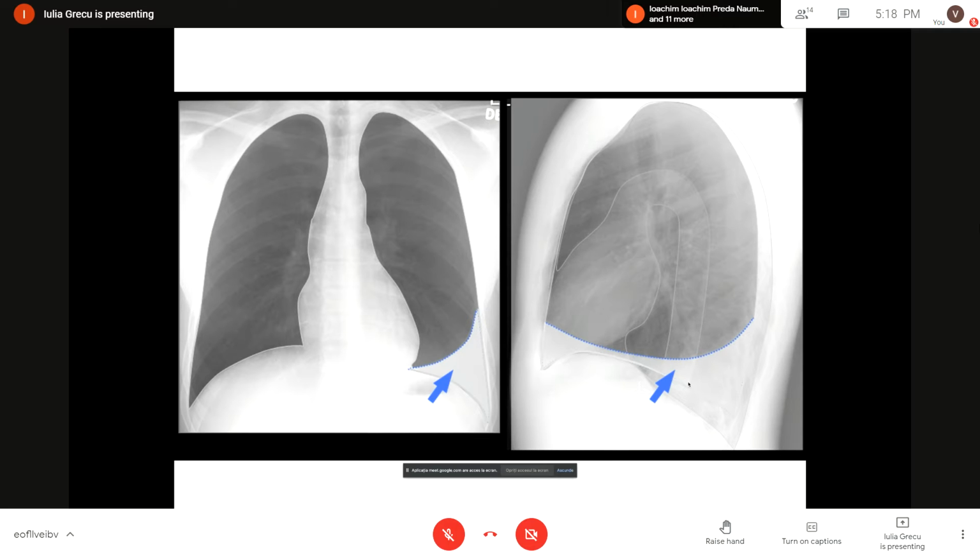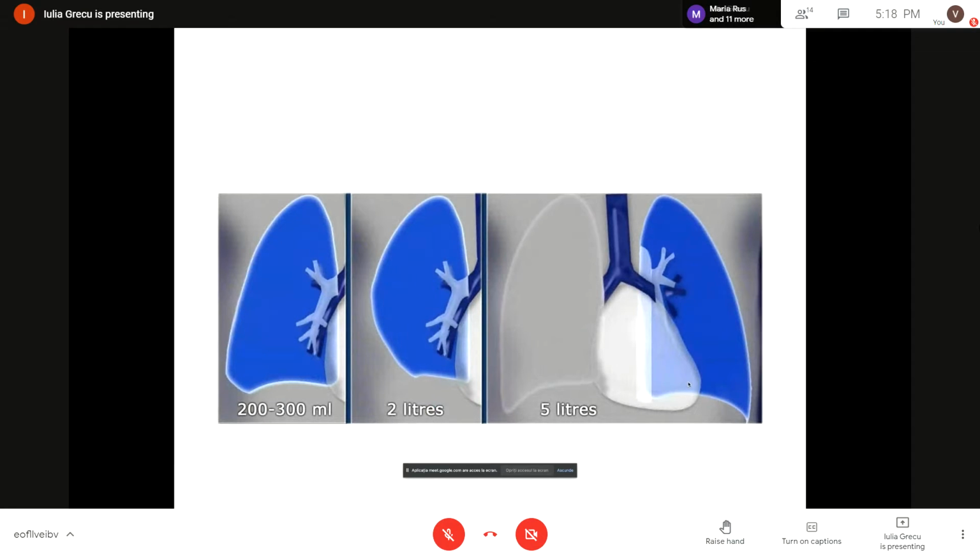The fluid can also accumulate in the pleural fissures, and when there is a large amount of fluid, merely about 5 liters, there will be a total opacification of the respective hemithorax. So these are the main signs.